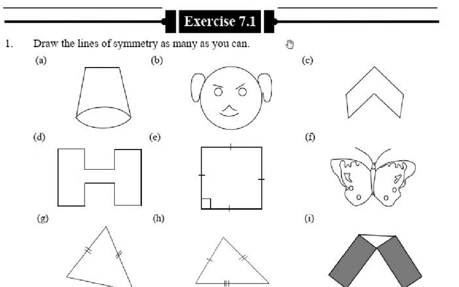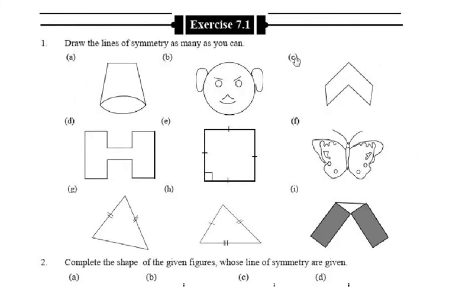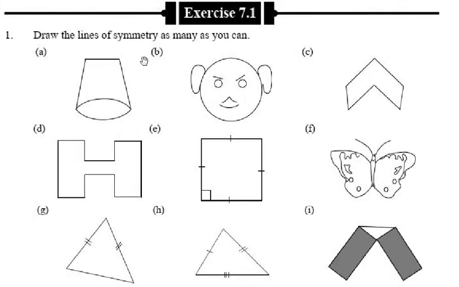Okay. Now you can see, draw the lines of symmetry as many as you can. So how many lines of symmetry can you draw here? Just divide it into equal parts. Okay, so this can be drawn. If we divide from the vertical, then only it would have the same equal parts.